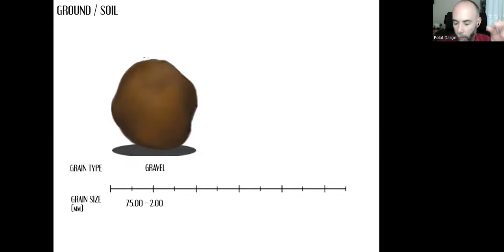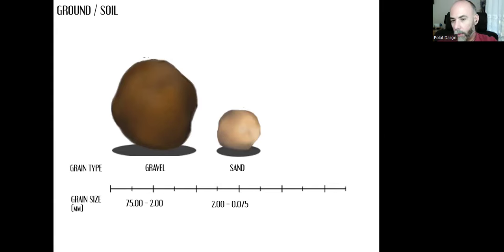If a grain is in between 75 millimeters and 2 millimeters, that's what we call gravel, çakıl in Turkish. Sand, kum, it's the same substance, same mineral or a different mineral, it doesn't matter. Again, it defines the grain size, diameter, 2 millimeters to 0.075 millimeters. These are called sand, kum.